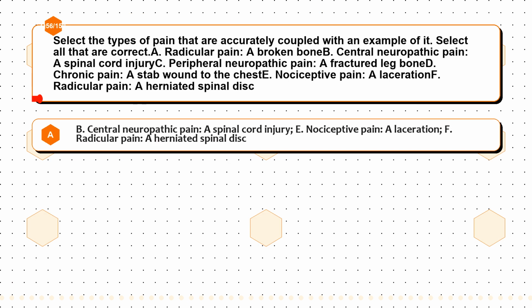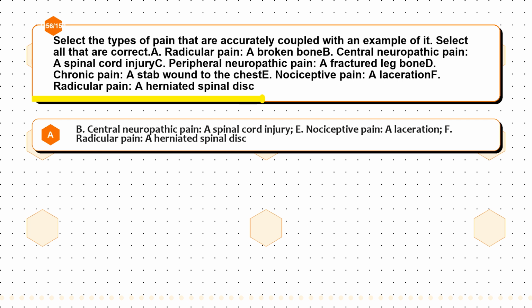Question 56. Select the types of pain that are accurately coupled with an example of it. Select all that are correct. A. Radicular pain, a broken bone. B. Central neuropathic pain, a spinal cord injury. C. Peripheral neuropathic pain, a fractured leg bone. D. Chronic pain, a stab wound to the chest.